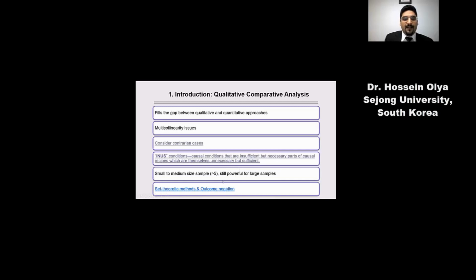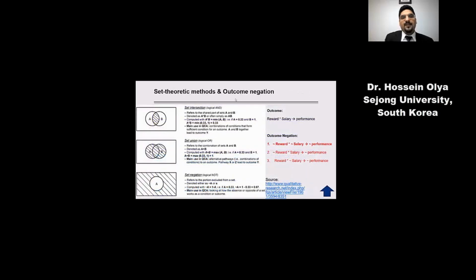The last characteristic of this method that I'm going to explain is that we call this method a set theoretic method. Why? Because we are dealing with set conditions. I think all of you are familiar with Boolean algebra functions, which talk about set intersection, logical AND, set union, logical OR, and set negation.